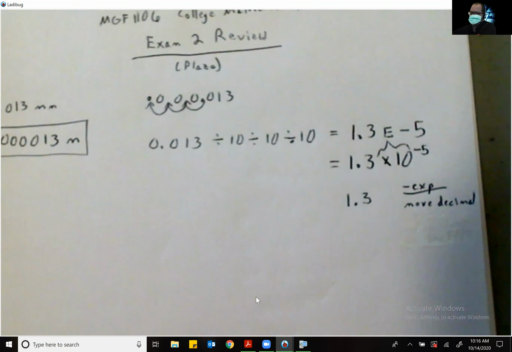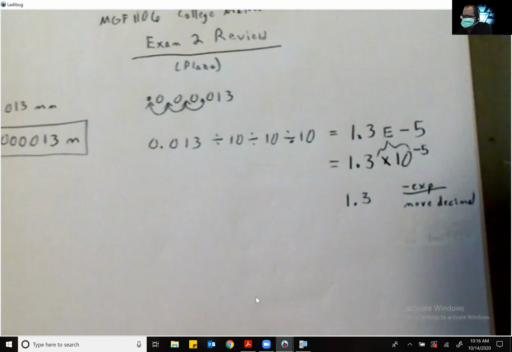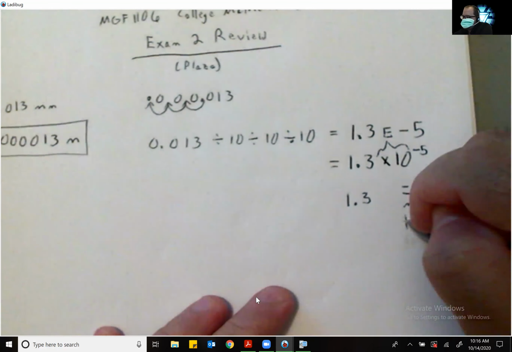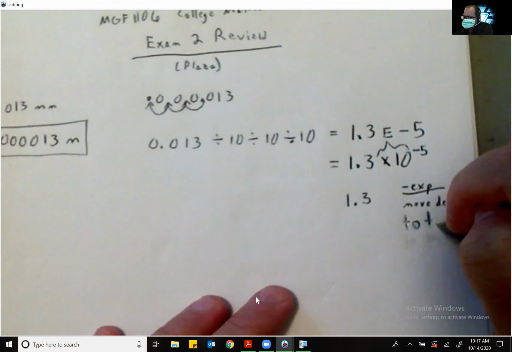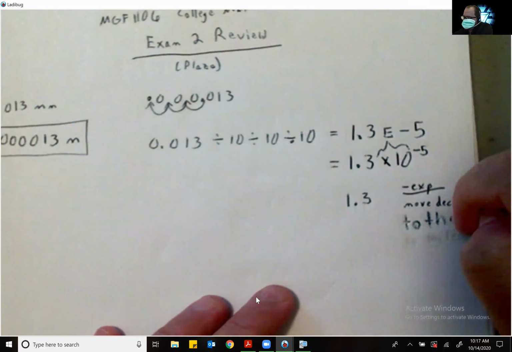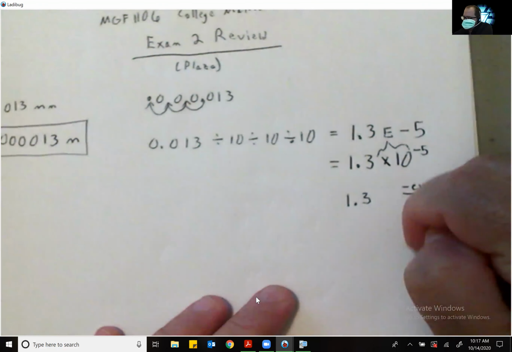Whenever you have a negative exponent in scientific notation, it means move the decimal to the left.